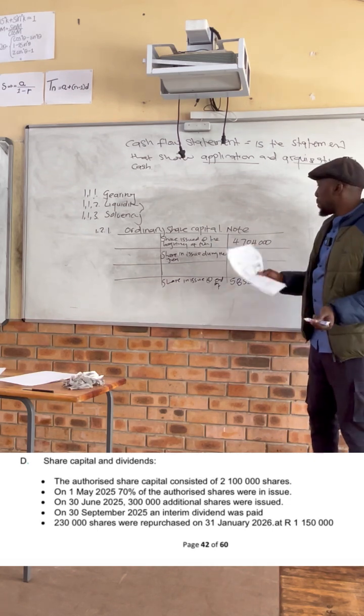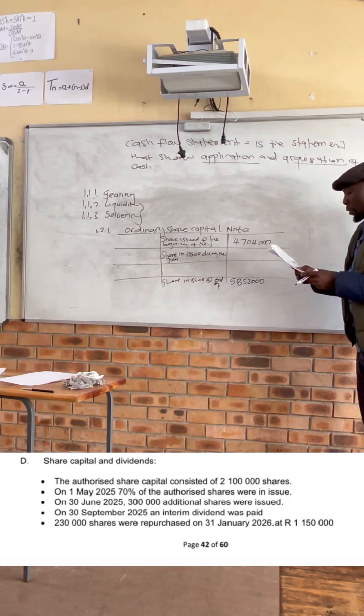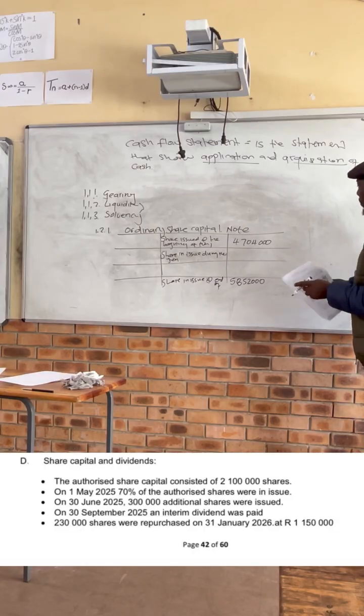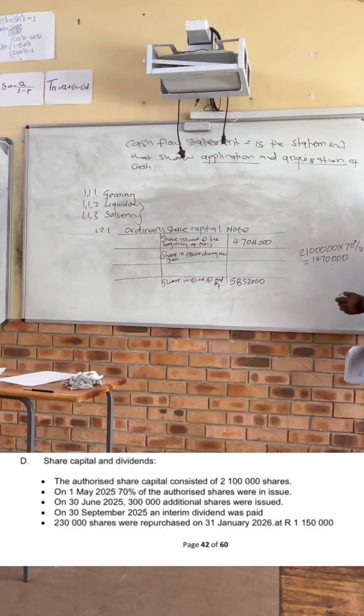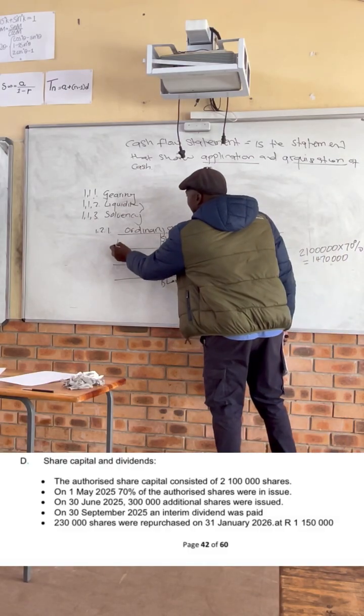So how much will it be? How many shares were authorized? We have 2,100,000 shares. Then you multiply by 70% of those shares, and our answer is 1,470,000. Then we simply write our balance at the beginning.